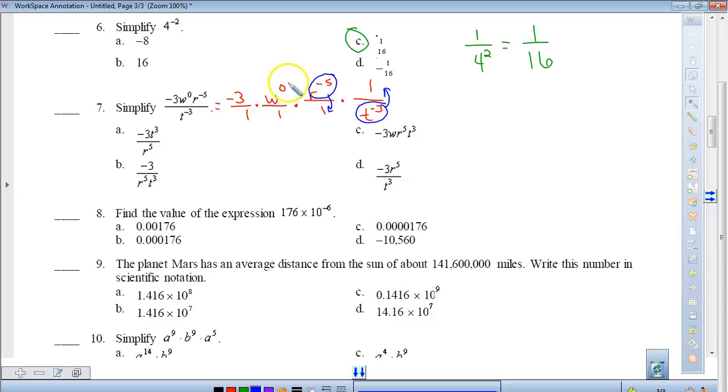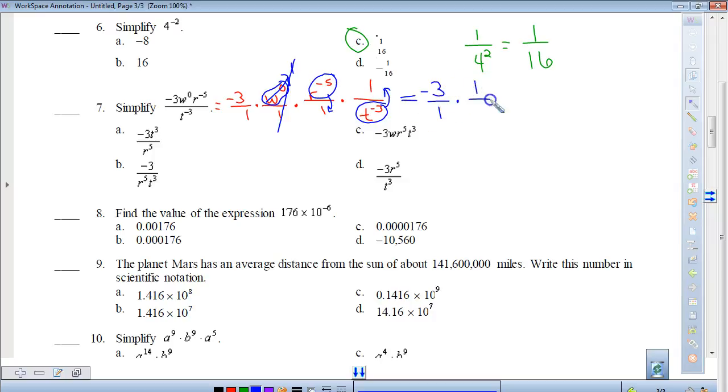W to the 0 power. We talked about any number to the 0 power is 1, so that's all this is. And we can then just ignore this fraction entirely. 1 over 1 is just going to multiply our fraction by 1, which doesn't change anything. So in the top, this fraction stays -3 over 1.